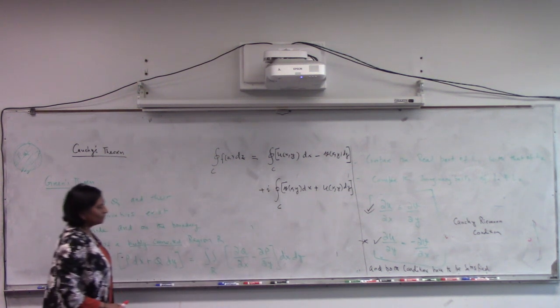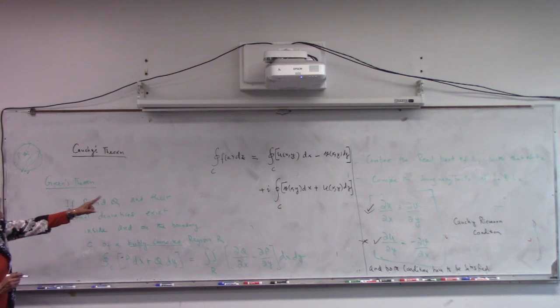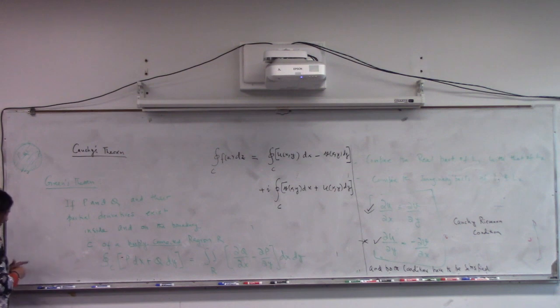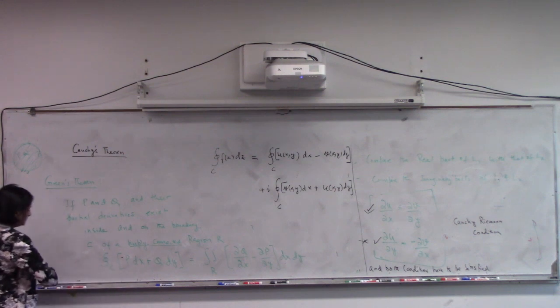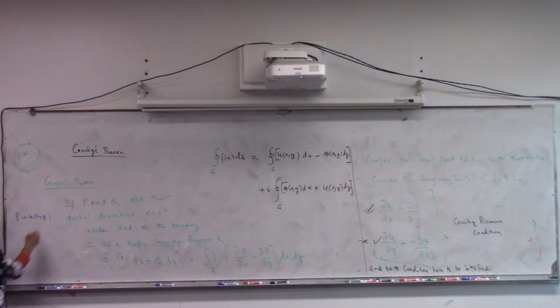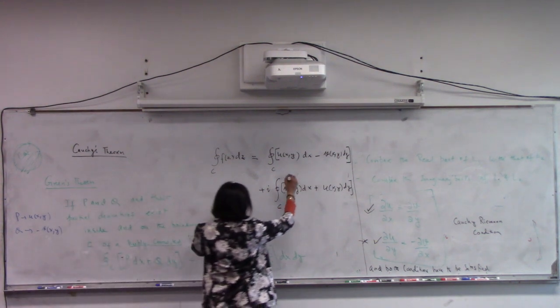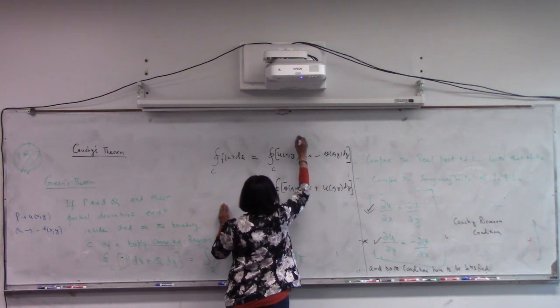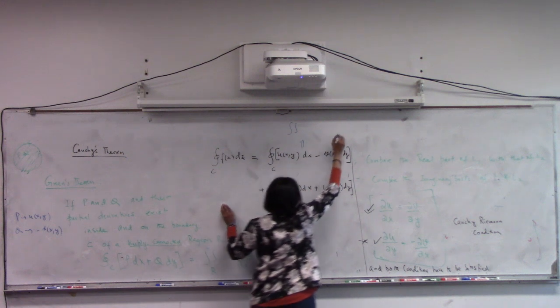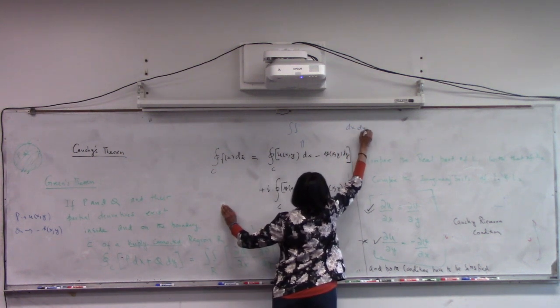So what I have is u dx minus v dy. For the first integral, p corresponds to u, right, and q corresponds to minus v. So I have to convert this into a double integral, dx dy.